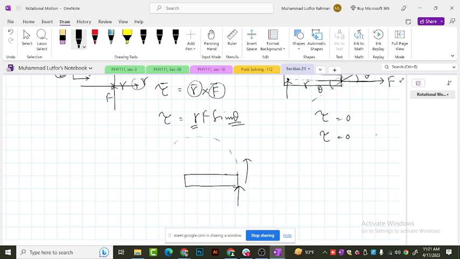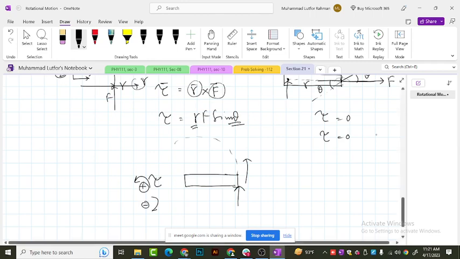There is also a convention: if it moves counterclockwise, we say the torque is positive; if it moves clockwise, we say the torque is negative. We'll follow that convention too. The point you raised is basically about the direction of rotation of the system. You understand?